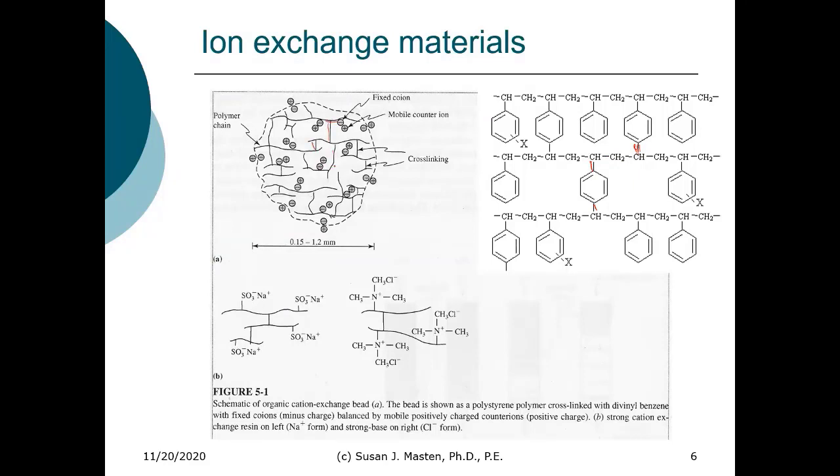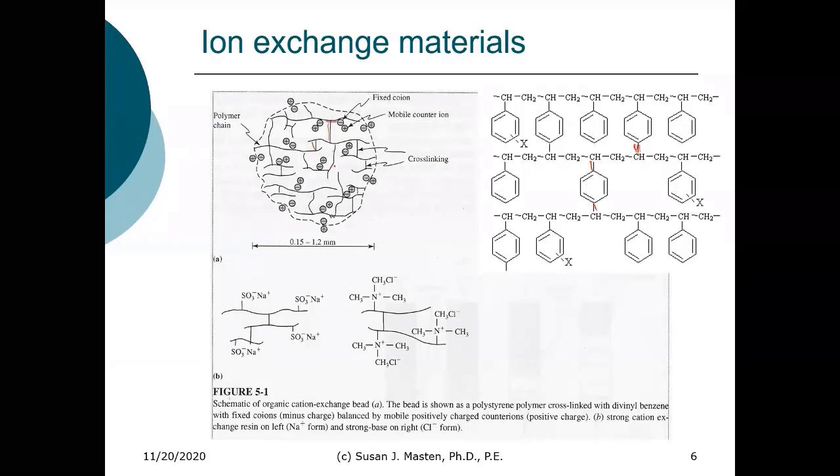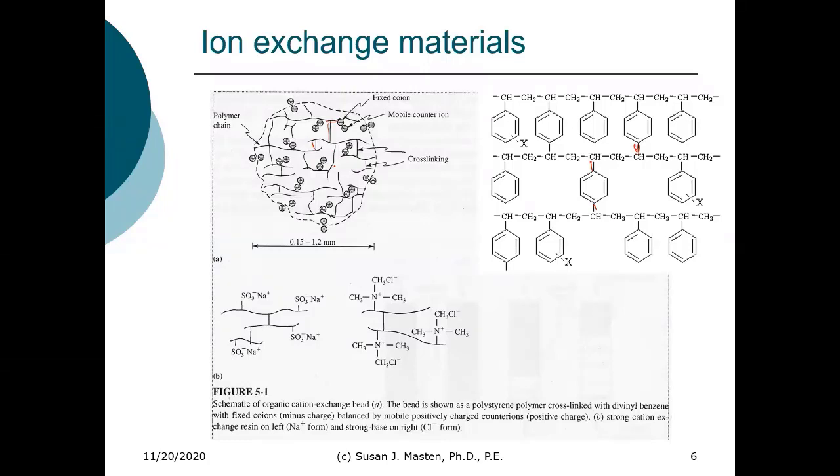The degree of cross-linking can vary, and that changes the behavior of the ion exchange resin material. Materials that have a higher degree of cross-linking are not able to withstand what we call a swelling pressure, so they tend to be more fragile than a material with less cross-linking.